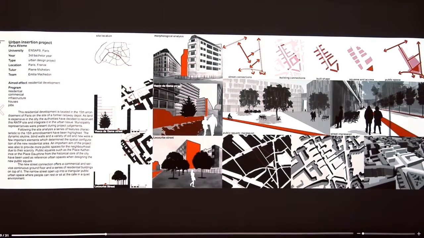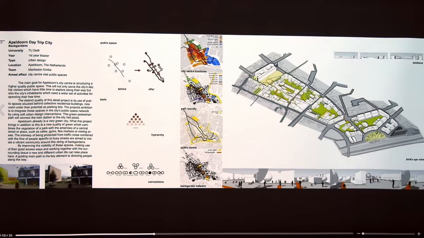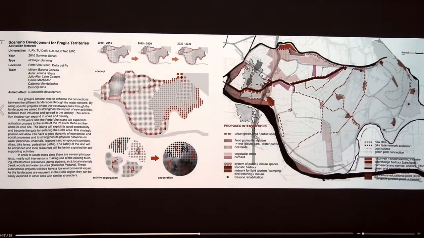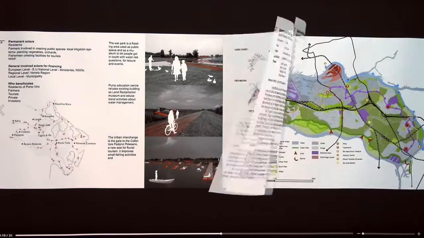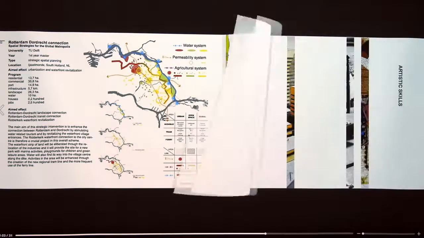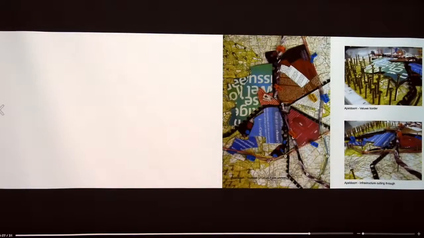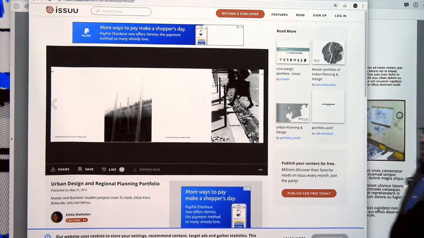Here's a landscape, this is an interesting landscape portfolio. A little bit of an idea of an urban planning student over in Europe. So that's how it starts to read when you upload your PDFs to Issuu, and that might be a very convenient digital platform for you to share your work with others as you start to look for jobs and internships and the like. Okay. We'll stop there.